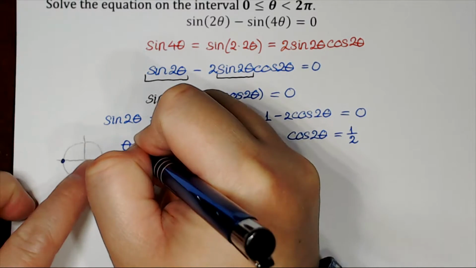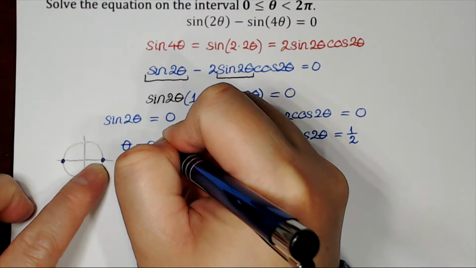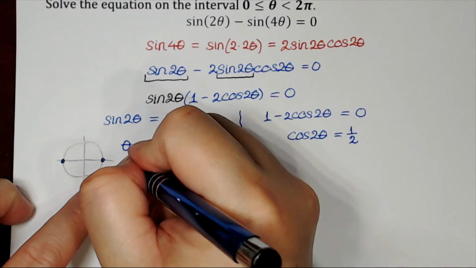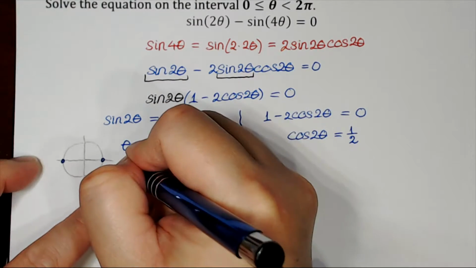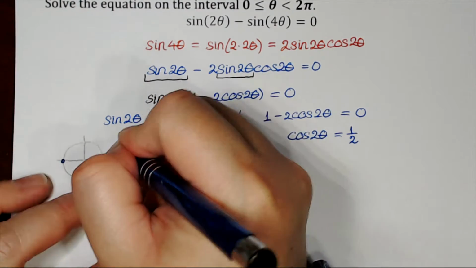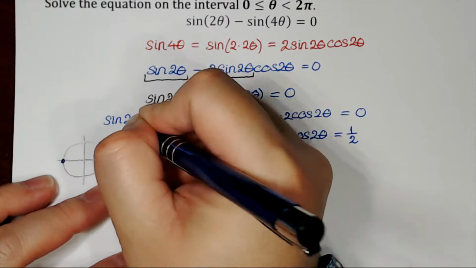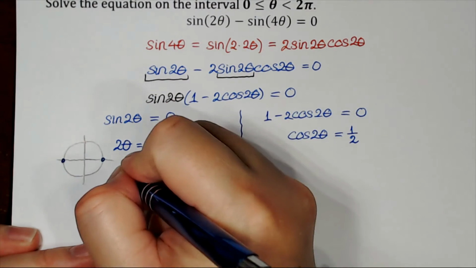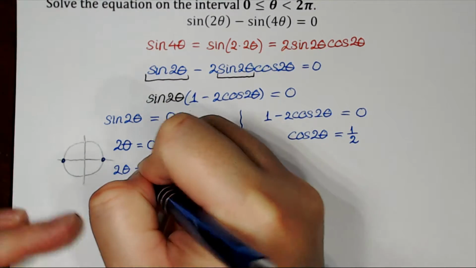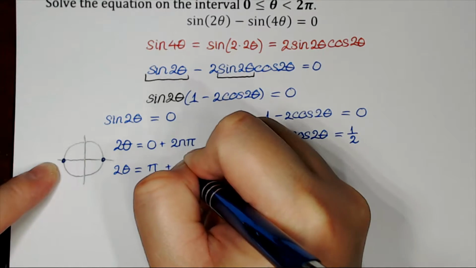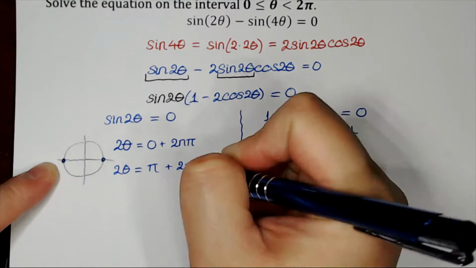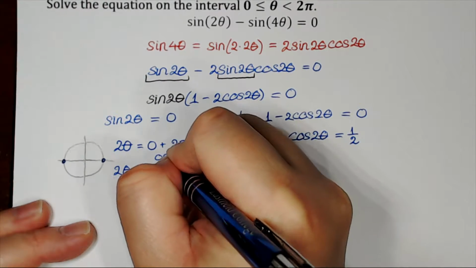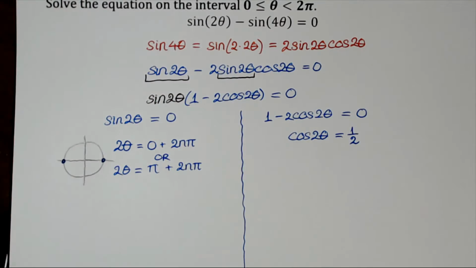So either it's going to be 0 plus 2n pi, and we should write 2 theta because that is the whole angle of that function, or we have 2 theta equal to pi plus 2n pi. And we're going to work both equations in tandem.